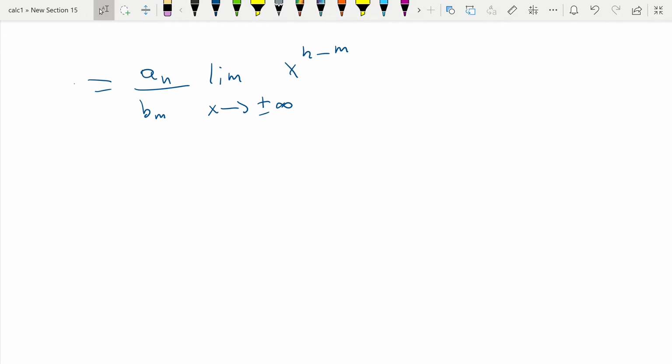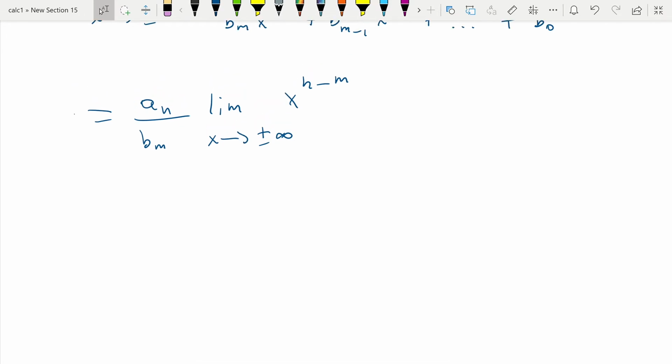So you already see that if n is equal to m, then the limit will just be equal to a_n over b_m. Otherwise, if m is bigger than n, then that is going to 0, because you have a negative power of x, and you're sending x to either plus or minus infinity.